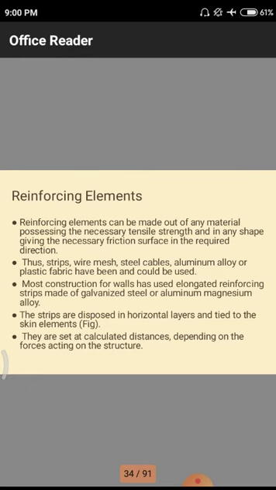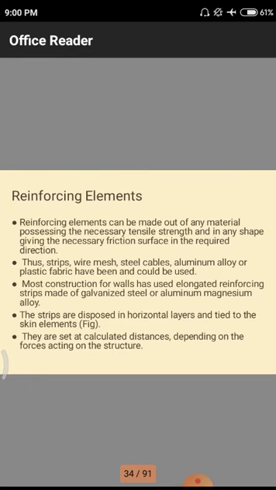Next, strips, wire mesh, steel cables, aluminum alloy or plastic fabrics could be used. Normally in construction we choose rounded bars, but in the case of reinforced earth, we have to choose different varieties.